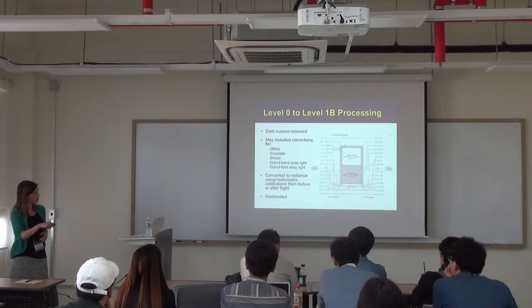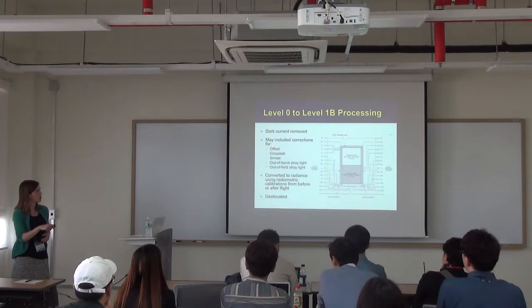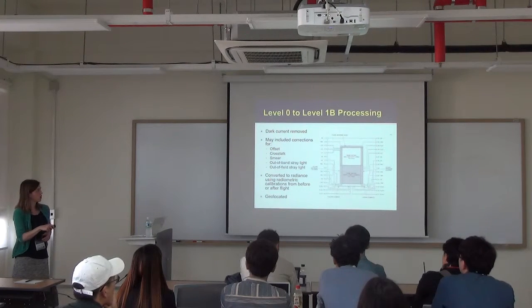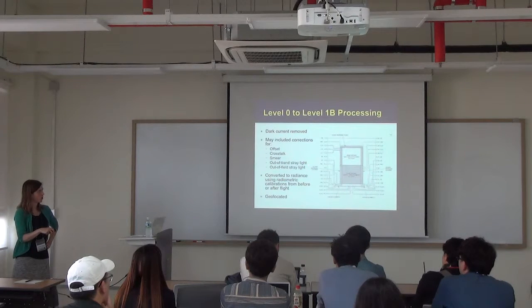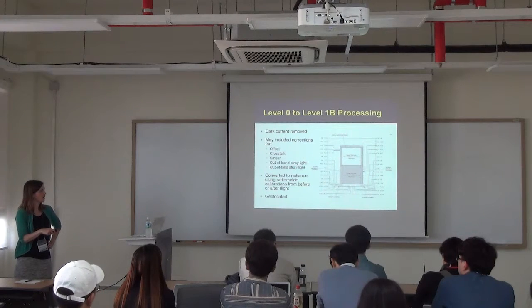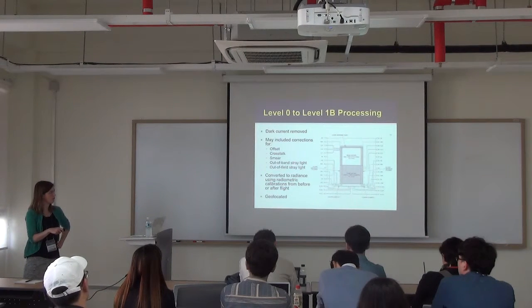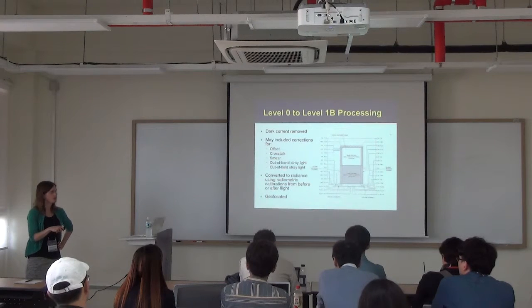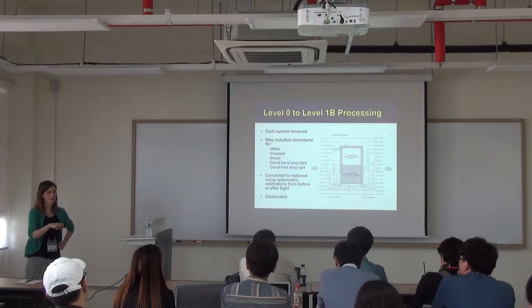So these are the kind of things that are done to the spectrum. The dark current is removed using the dark current measurements that are made. And then the data could include corrections for various things like offset, crosstalk, smear, that you get reading out the CCD array detector. Out of band stray light, which has been an issue with GeoTASO, where say the light from the red end ends up in a UV detector.